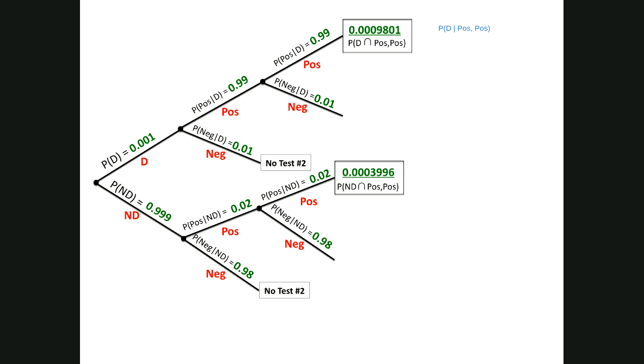And so using Bayes' rule, our numerator is going to be the probability that the person has the disease, and I'm going to abbreviate positive, and there's two positives. That's the numerator. And the denominator is just what's the probability that there are back-to-back positives.